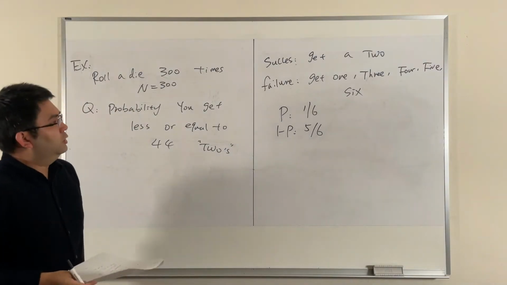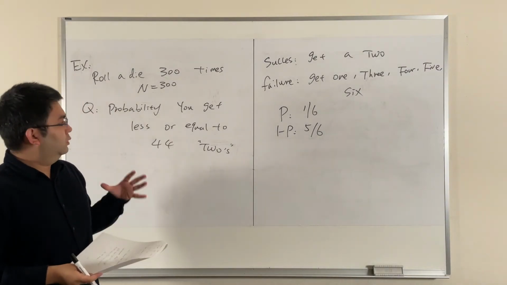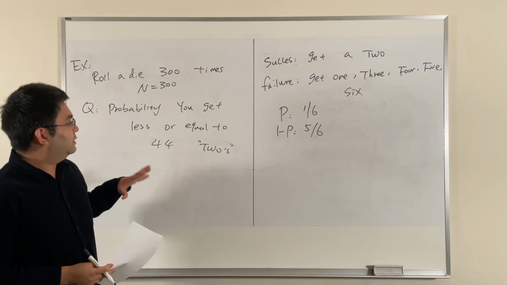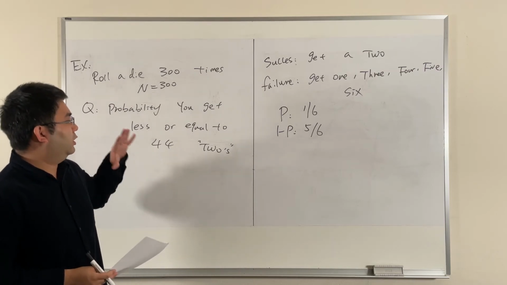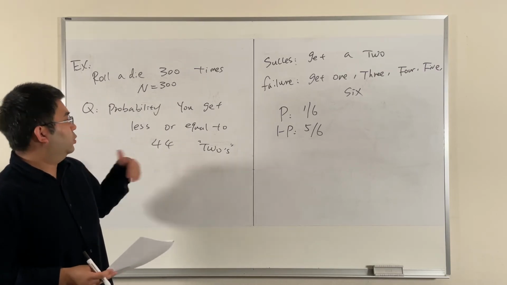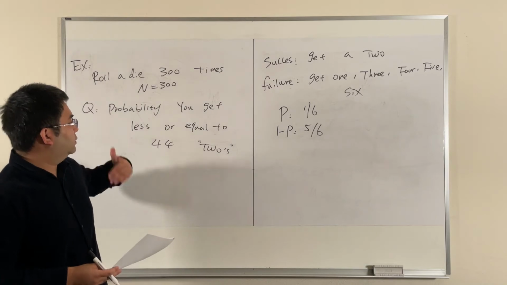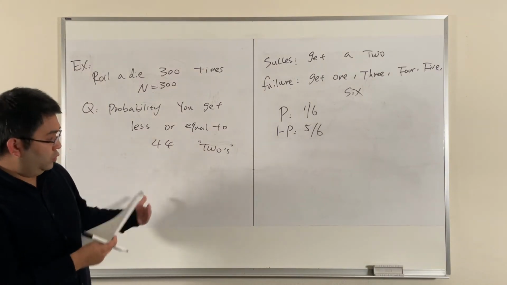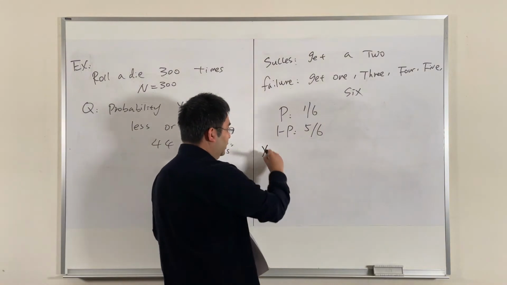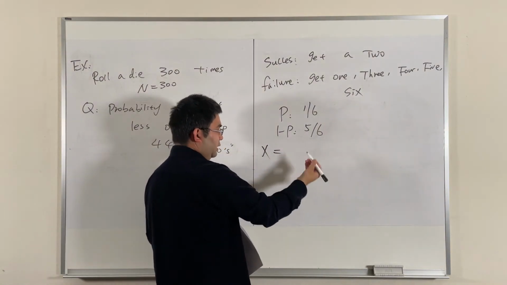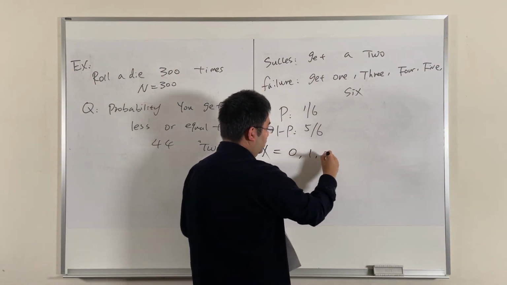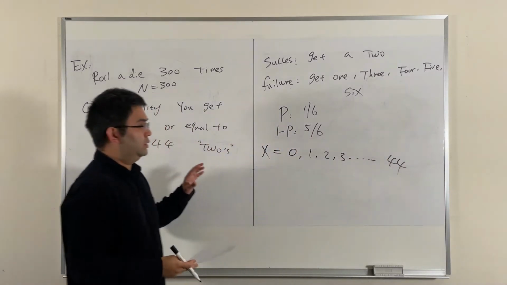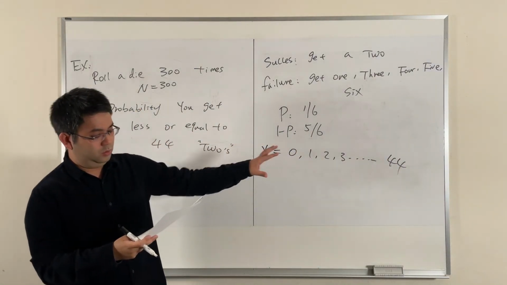Okay. So what's hard about this question? What's hard is that the question is not asking what's the probability that you get 44 twos, but what's the probability that you get less than or equal to 44. Which means in this case, we need to get all the probabilities such that x equals 0, 1, 2, 3, all the way to 44. So we have a lot of calculation to do.